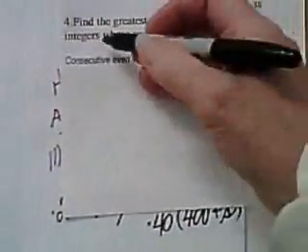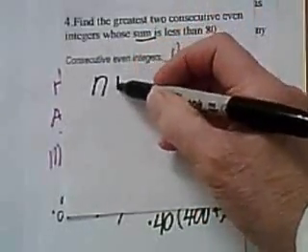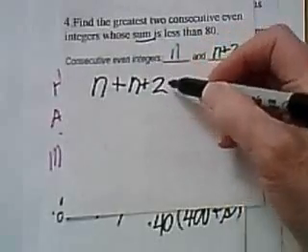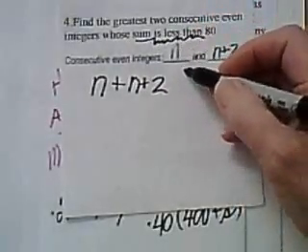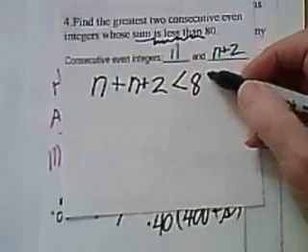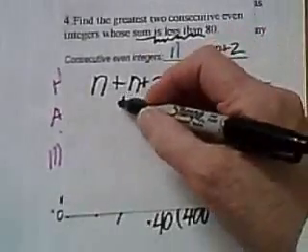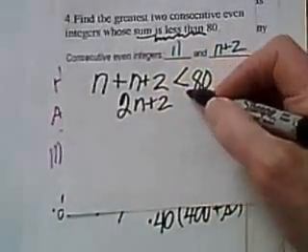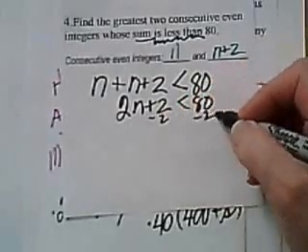The equation here would be the sum of those two, n plus 2, is less than, now this one's got the is less than, those 3 words together, 80. So I think I'll go through and finish up this one. We get our 2n plus 2, and you subtract your 2's.